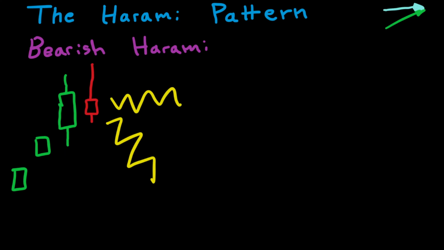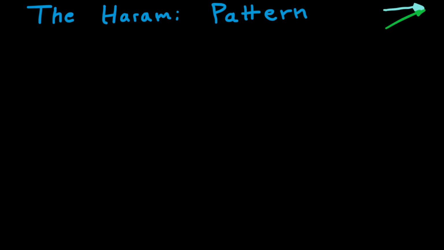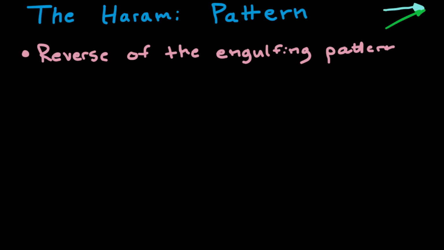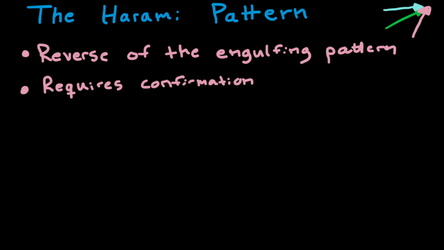Now let's take a look at some interesting things about the Harami pattern. One thing to notice here is that the Harami pattern is the reverse of the engulfing pattern. And if you want to learn more about the engulfing pattern, I have some videos about that. Another thing that I think is worth noting here is that the pattern requires confirmation.